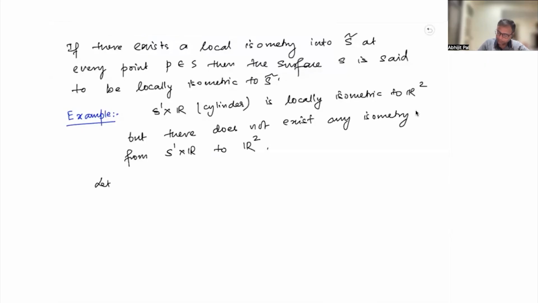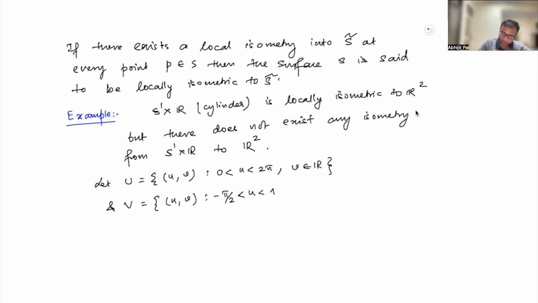So let us take U to be equal to (u, v), 0 less than u less than 2 pi, and v belongs to R. And let us take Ũ to be equal to (u, v), minus pi by 2 is less than u less than pi by 2, and again this v belongs to R. Let sigma(u, v) be equal to (cos u, sin u, v).